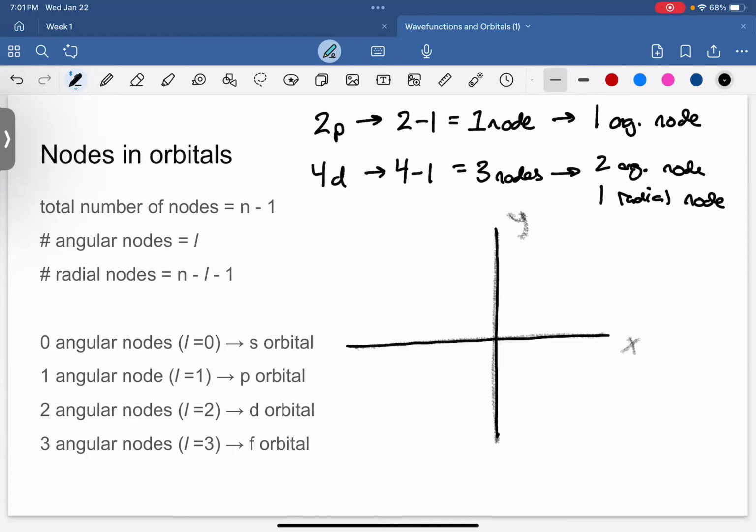Those are planes in the XZ and the YZ plane. And then I've got one radial node that happens at a fixed distance. Then I can use the exact same approach that I did before. I'm going to fill this in, where I just make sure the sign is changing across every one of these nodes.